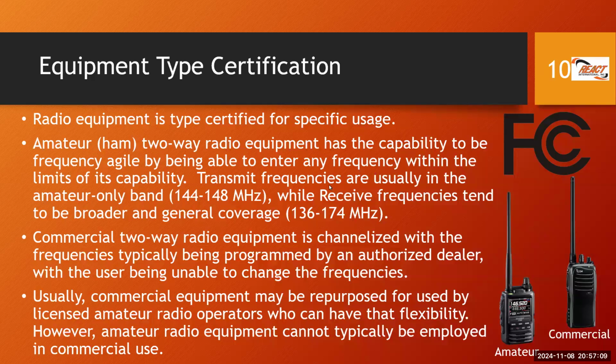But let's go through some of the bullet points to understand a little further when we talk about type certification. So we have the FCC symbol here, and FCC is one of the certifying bodies out of the US, and they will type certify equipment as part 95, part 97, part 15, different parts in their regulations and their legislation.